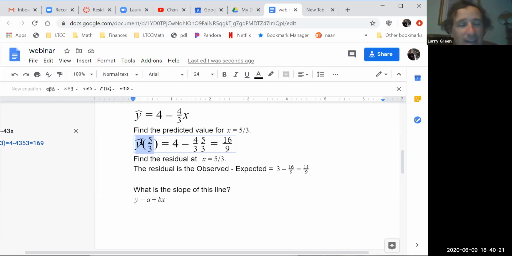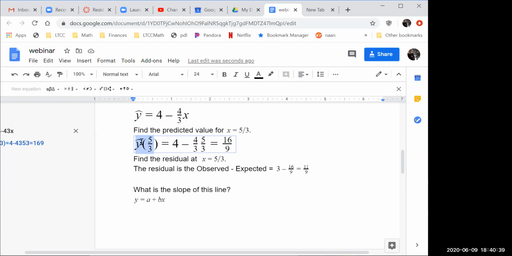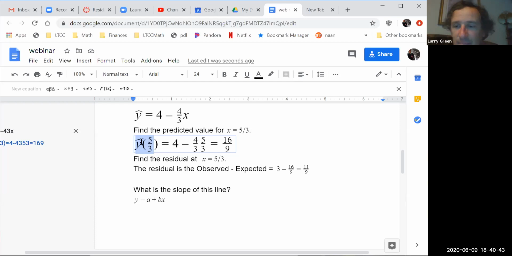It's not a multiplication. That's called function notation. You won't have to do that. I was just being rigorous, I guess, the way people do it. They say it's y hat of 5/3, so it's, what is y hat when x is 5/3? It's just shorthand for saying that. Does that help? Yeah. Okay.